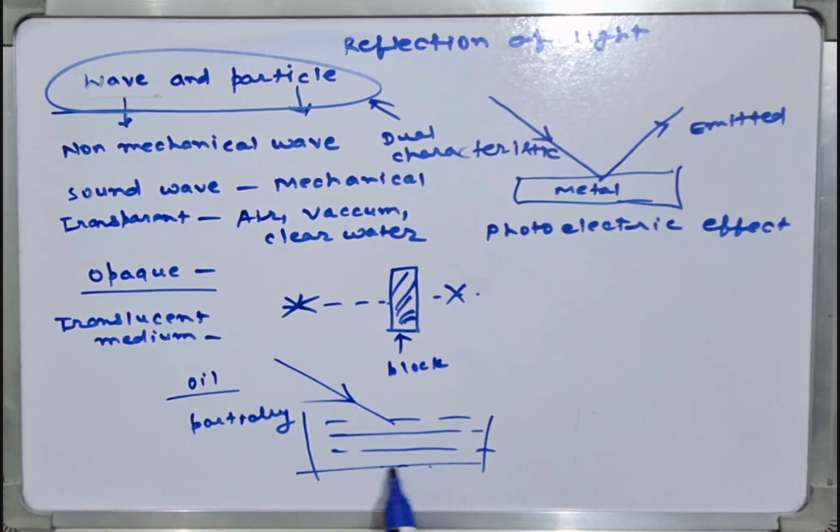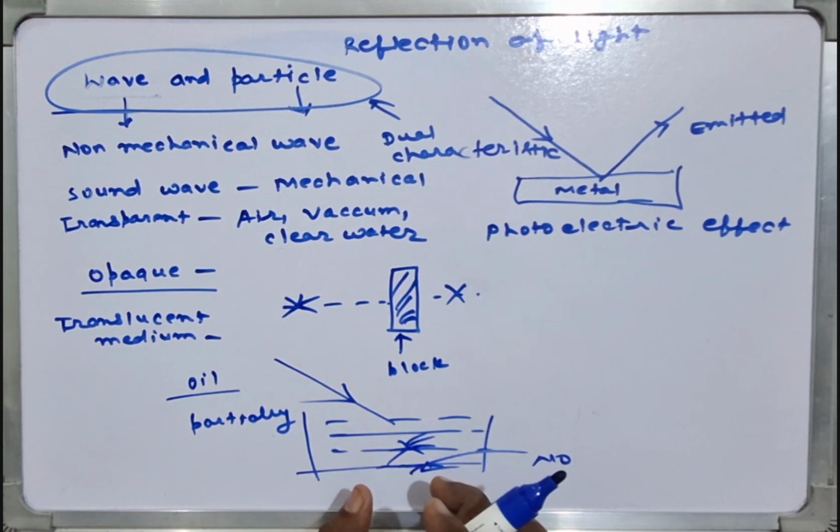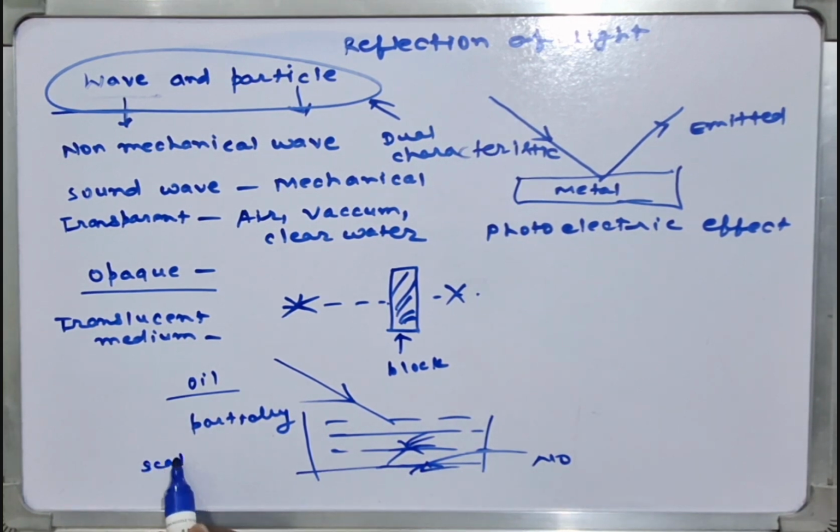Could you see an object at the bottom? No. Why? Because light is coming here and there are suspended particles, so light is scattered. Scattering means light moves in different directions when it strikes a particle. This process is known as scattering.